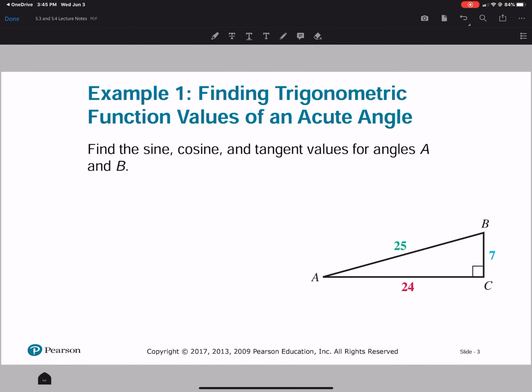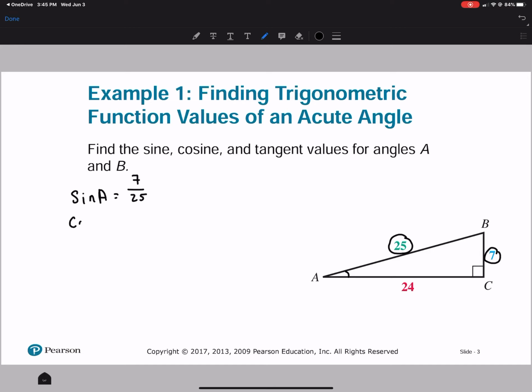So let's look at this right here. We have a problem. I'm going to change colors. It says find the sine, cosine, and tangent values for angles A and B. So we're just looking for sine, cosine, and tangent. I'm going ahead and find the sine of A. The sine of A is equal to opposite, so this angle here, and we're looking at the opposite side of A, which would be 7, over your hypotenuse, which would be what? 25.